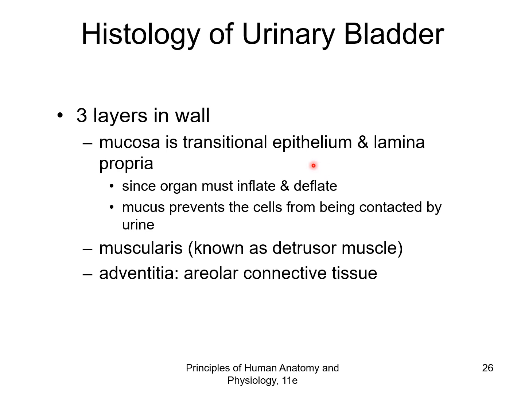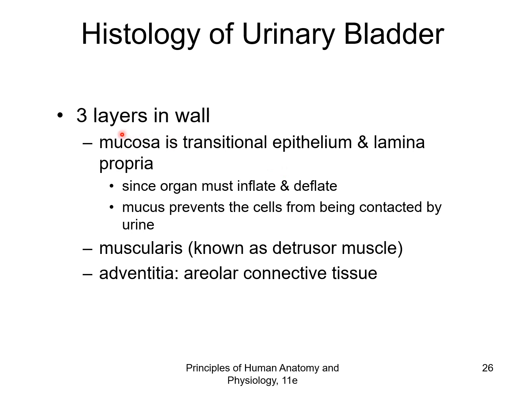So permitting stretch is the function of the transitional epithelium. In this stretching, the cells and the mucus on top of them prevent urine seeping through this epithelial layer.